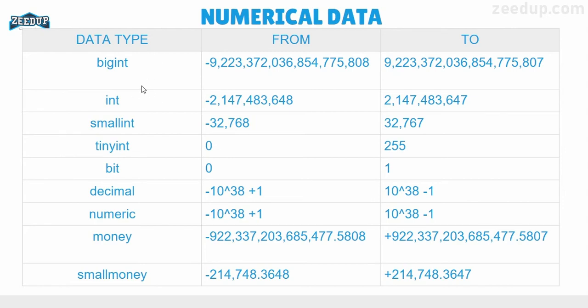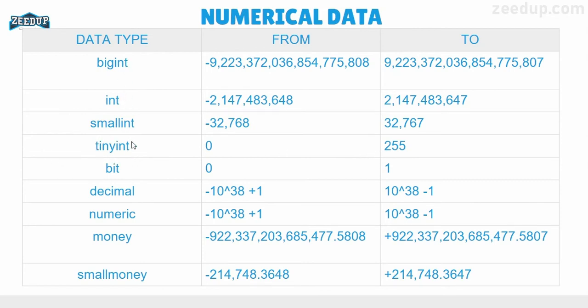If you want to store a very huge number, you can use the bigint data type, but if you want to store a smaller number, you can use int. If you want to store an even smaller number, you can use smallint. And if you want to store a very small number, from 0 to 255, then you can use tinyint.